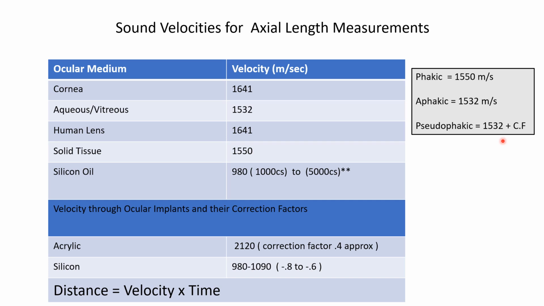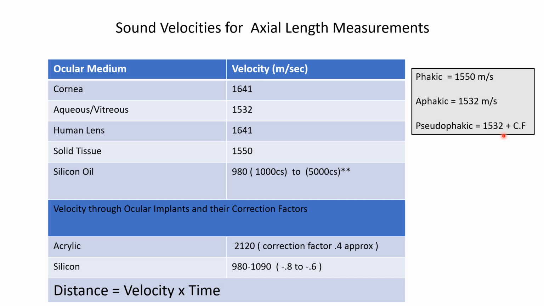So he has to use 1532 meters per second as the sound velocity and add a correction factor of the lens. For example, if he is using an acrylic lens, he can use a correction factor of 0.2. So whatever pseudophakic axial length he finds with the sound velocity of 1532 meters per second, he has to add 0.2 to that axial length.